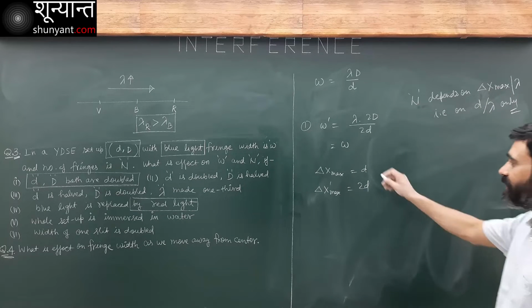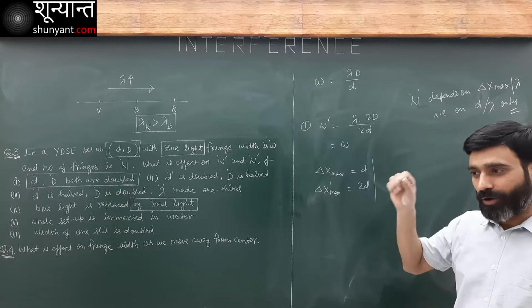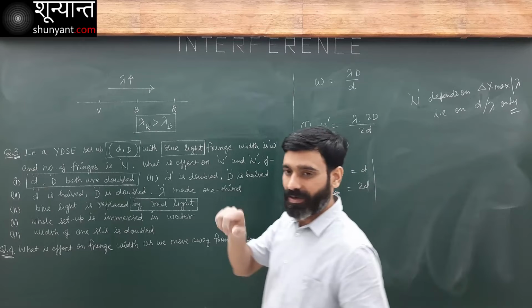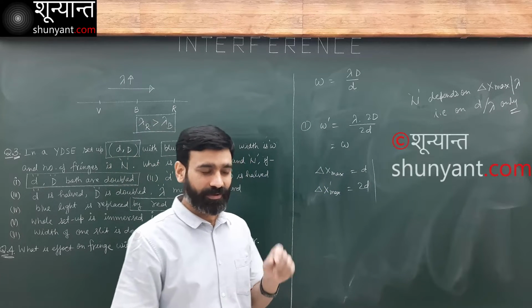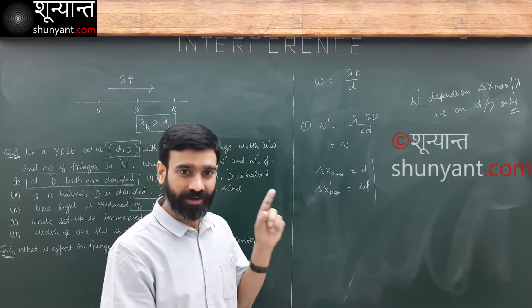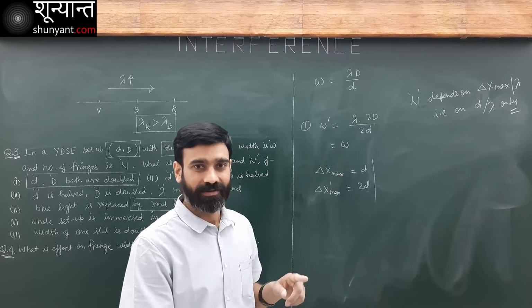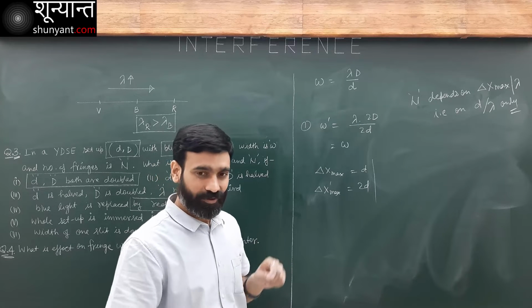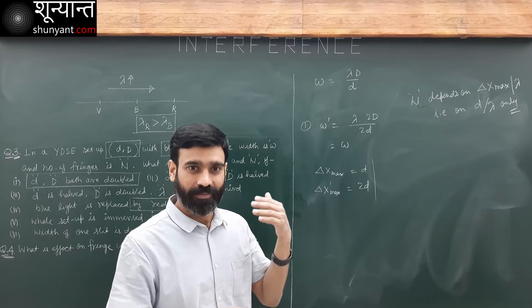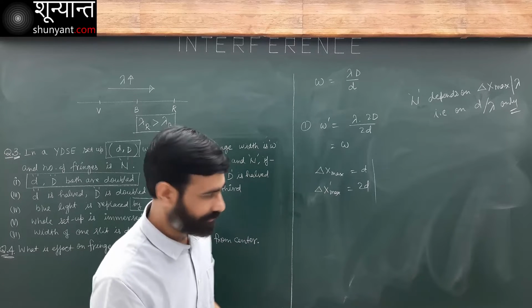The maximum path difference becomes double, so the order of the last bright fringe will become double. So even though fringe width remains constant, the number of fringes will become almost double. Do you understand this point?